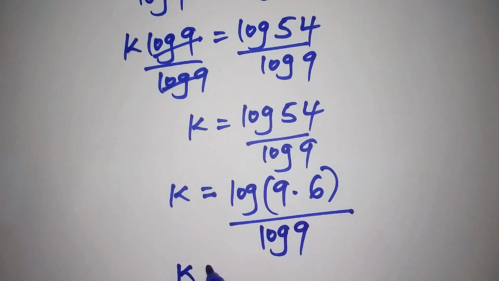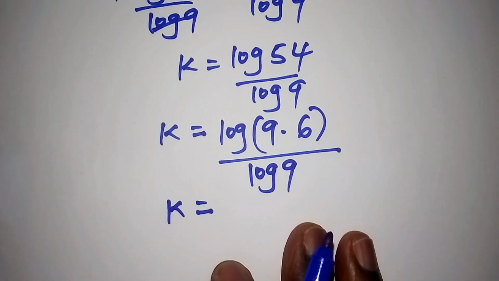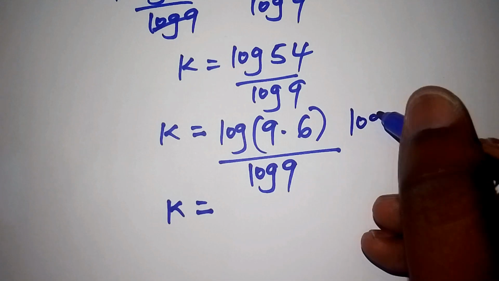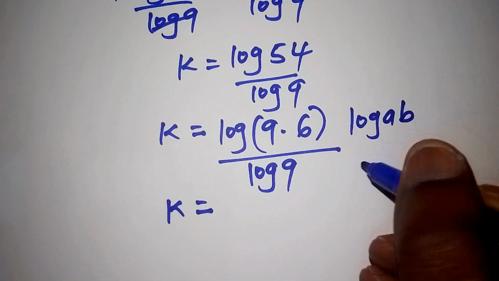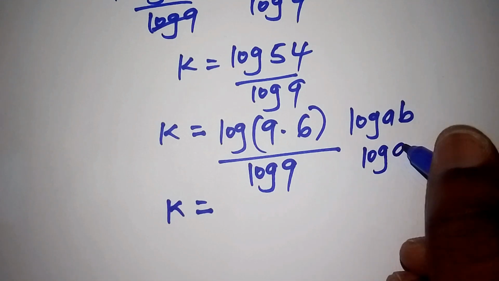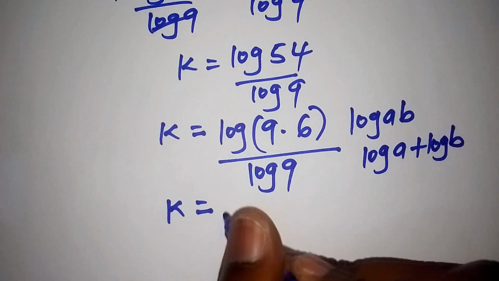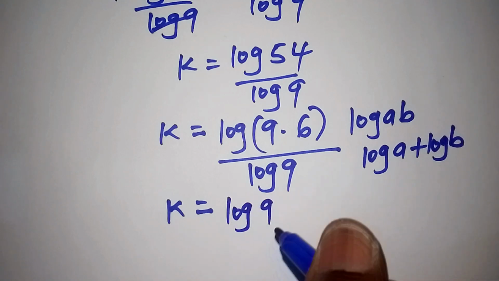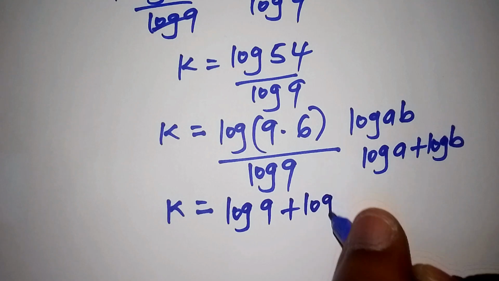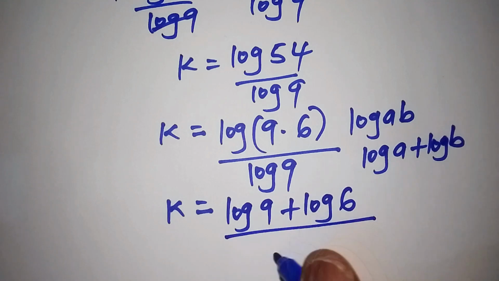So now k is equal to, when we have for example the log of a multiplied by b, this can also be written as the log of a plus the log of b. So here we shall have the log of 9 plus the log of 6 all over the log of 9.